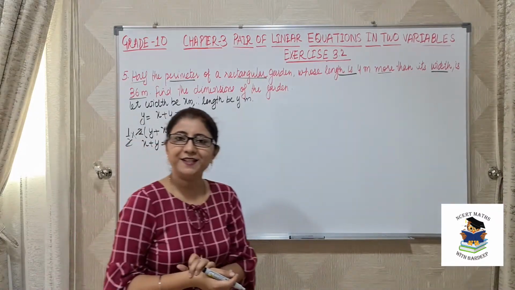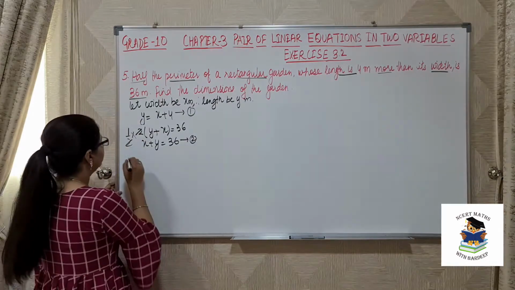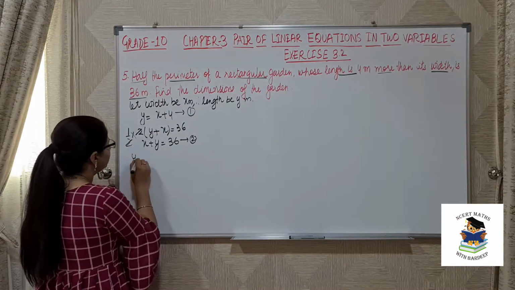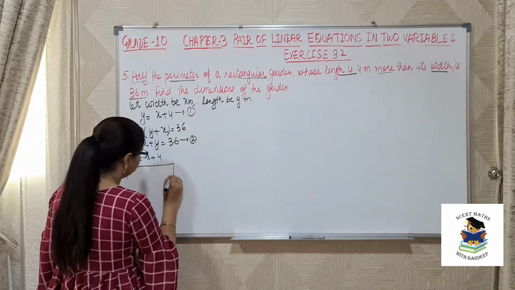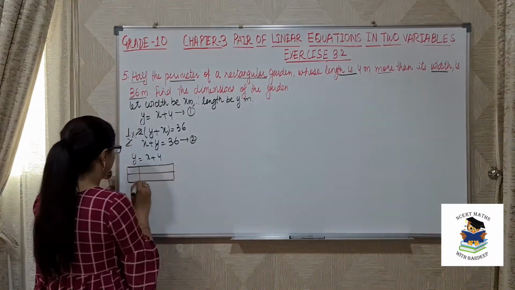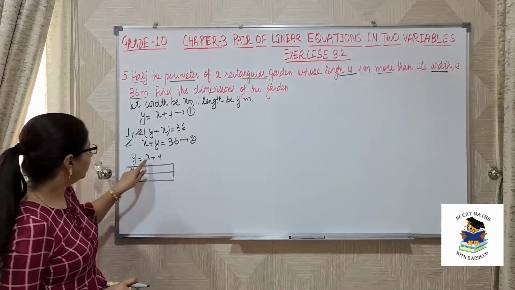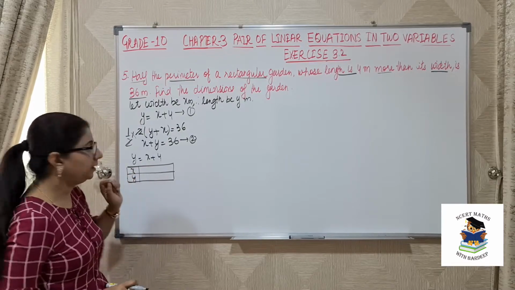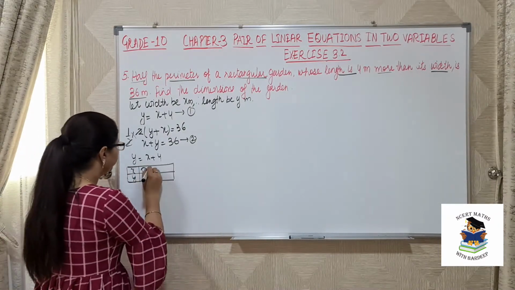So now what is our next step? Make the tables and then we will plot the graph. So first is y is equal to x plus 4. So if x is 0, then 0 plus 4 will give me 4. Okay.